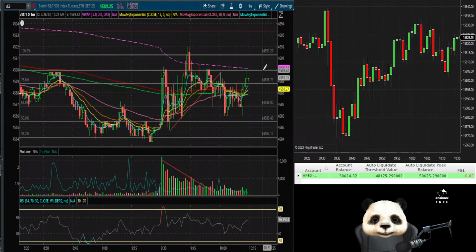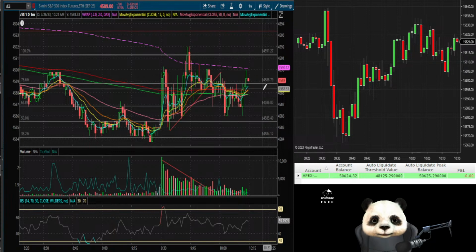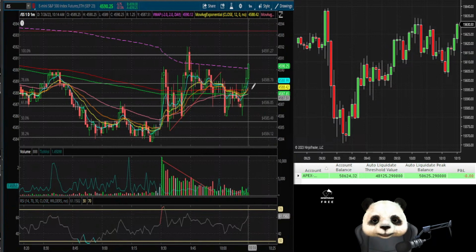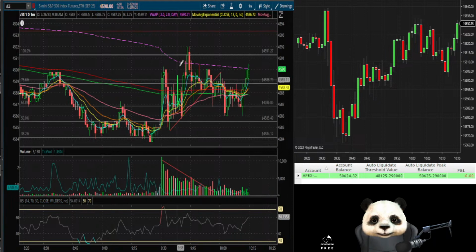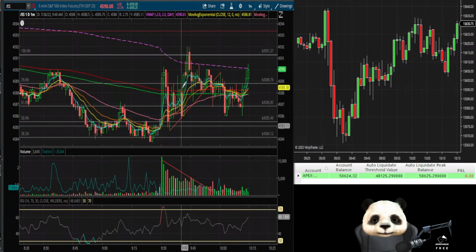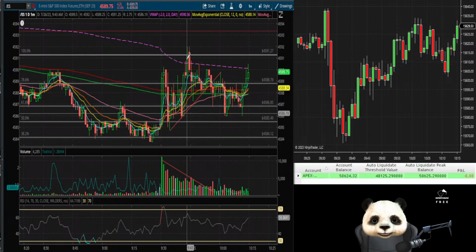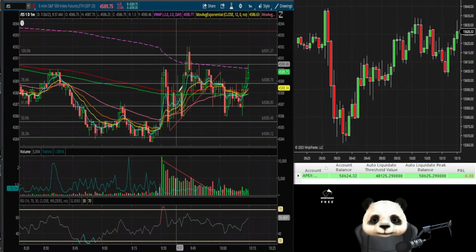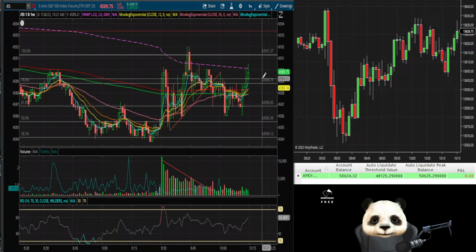I would take a trade off here and then just little scalps off 4590 and then somewhere around 4588, this grouping of EMA and SMAs, just because it's been trading this general little area, sideways channel. I'd have to be feeling super dangerous for that. Super dangerous.